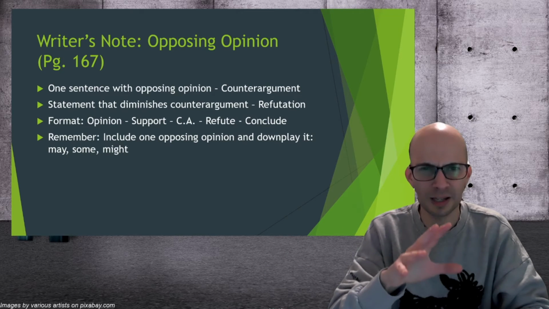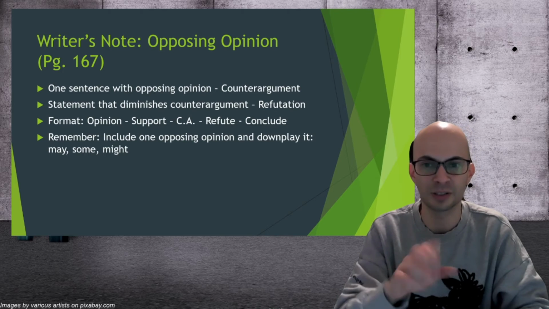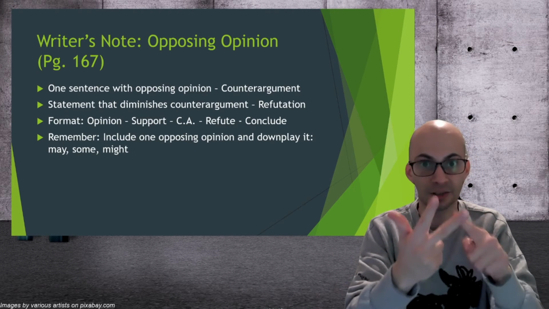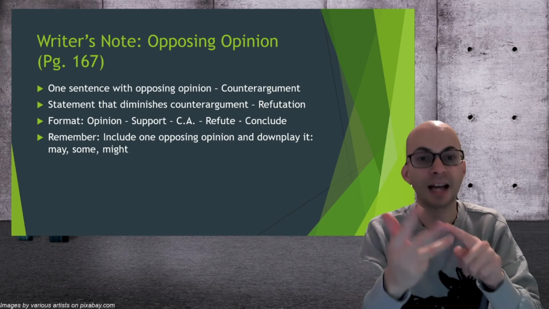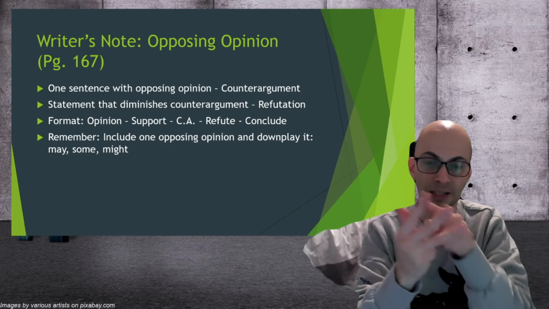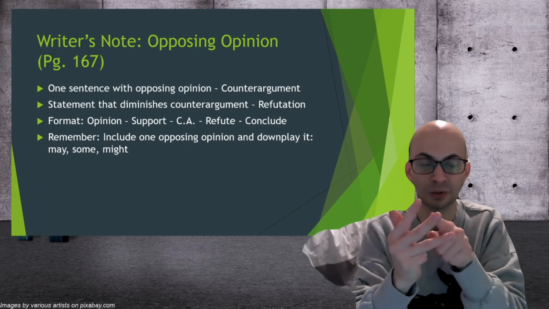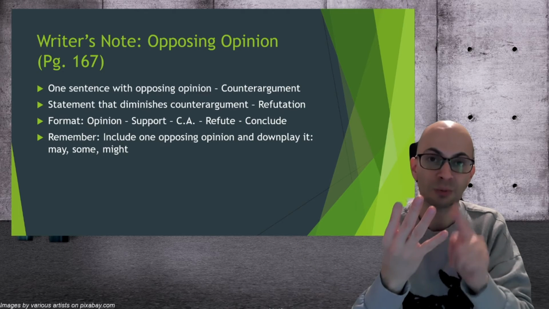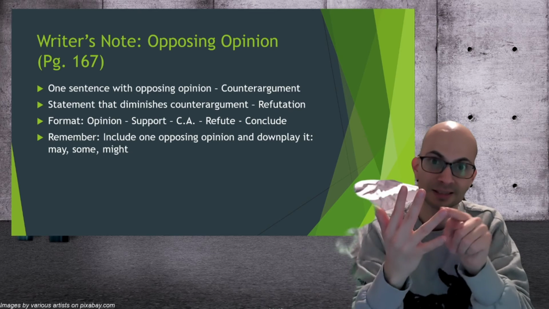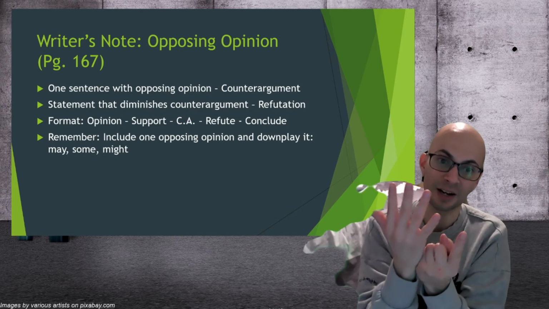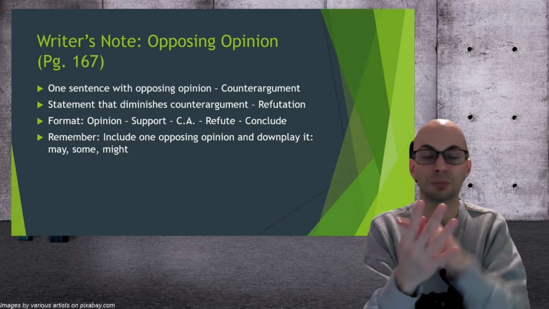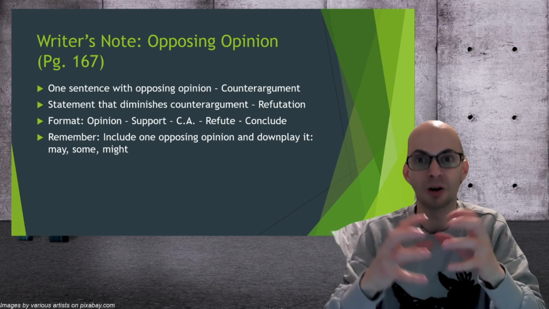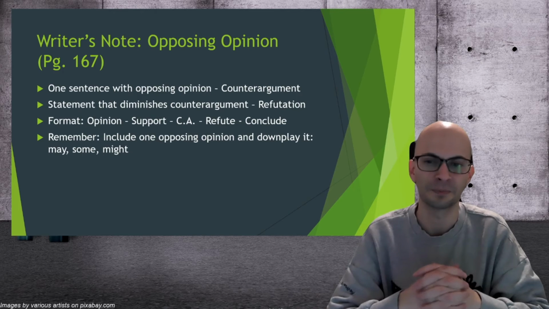And so the format here for an opinion paragraph usually says, state your opinion, right? That's your topic sentence. Then support it. Add a counter argument, something that says these 2 supports are not valid, but then you refute this counter argument, and then finally you conclude, bringing it all together. And that creates a strong opposing opinion.